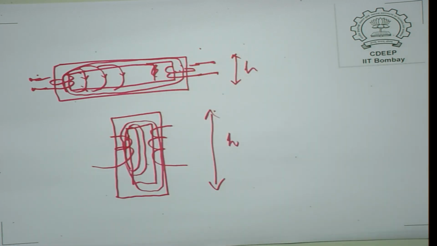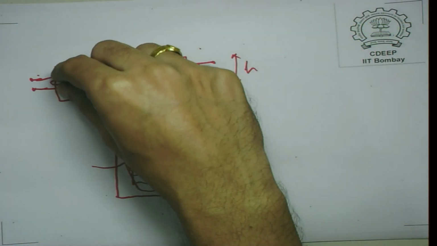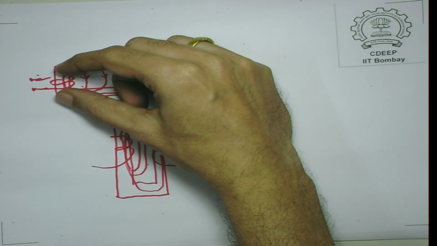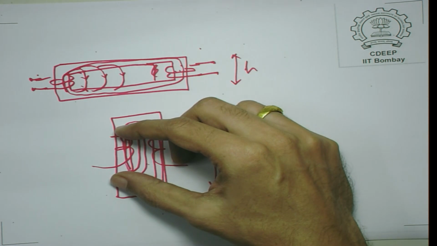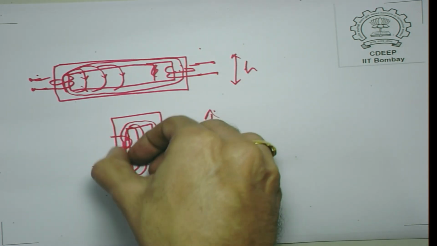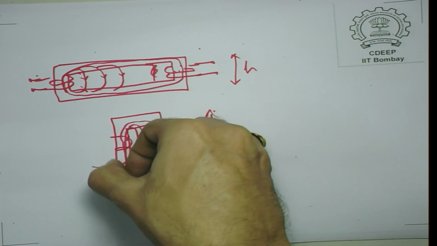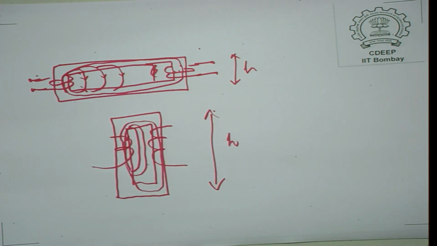Of course, this is more intuitive, I have tried to tell you these aspects intuitively. One aspect which my student has just brought to my notice is that here the coils are packed closely, whereas here they are spread out a bit more. So, they are spread out over this whole length, and if we do a more rigorous analysis, not just the intuitive kind of thing I have shown here.